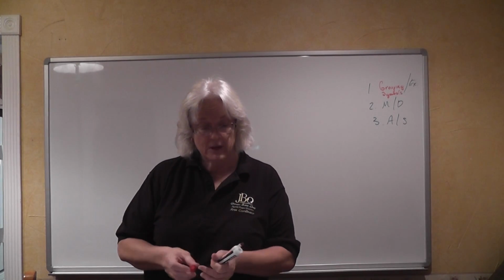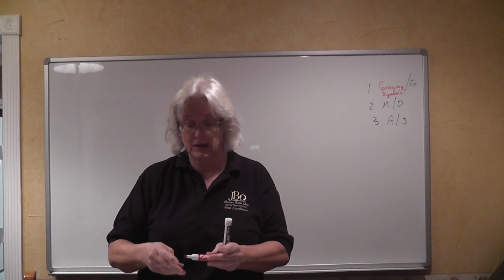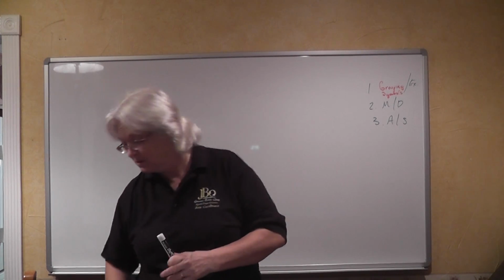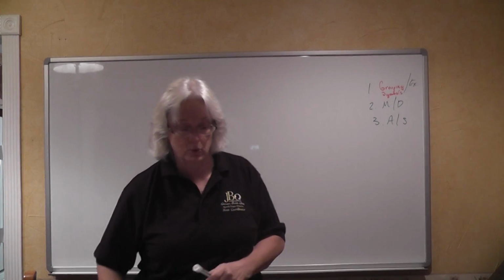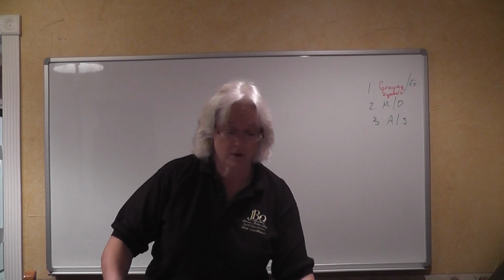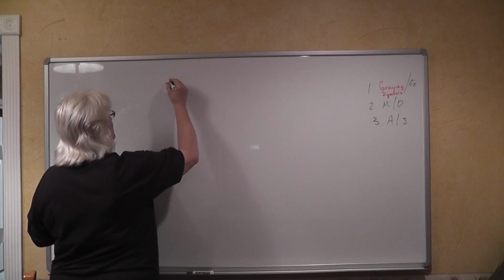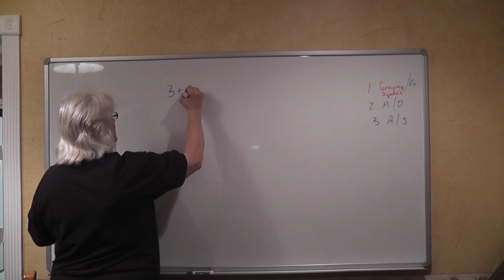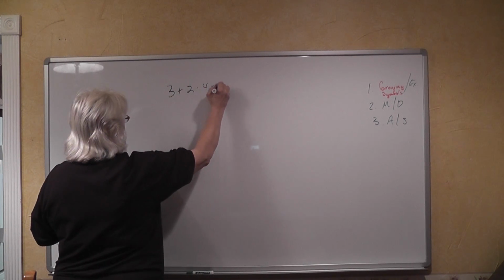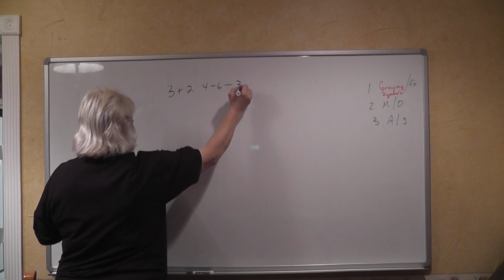This is a problem that I know that we worked in our teaching for section 2.4. But we're going to have 3 plus 2 times 4, 2 times 4 minus 6 divided by 3.